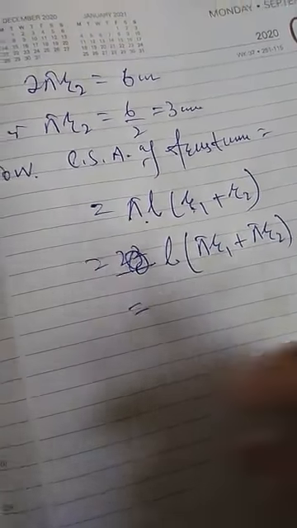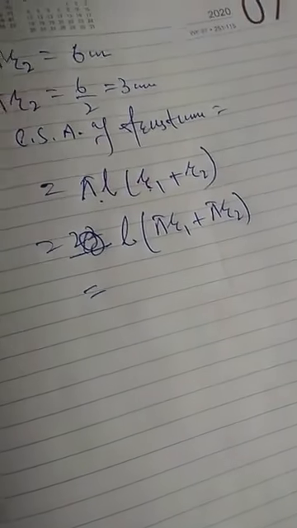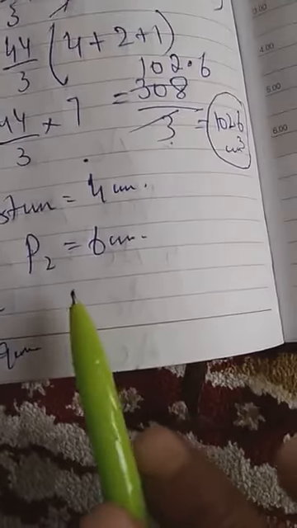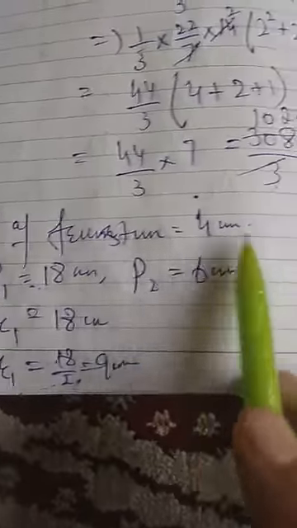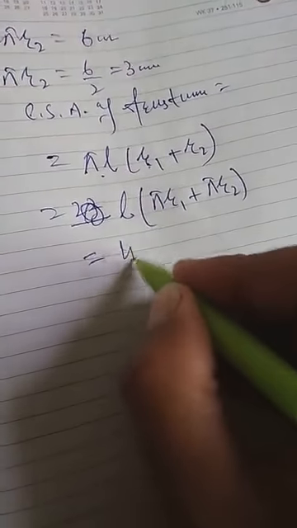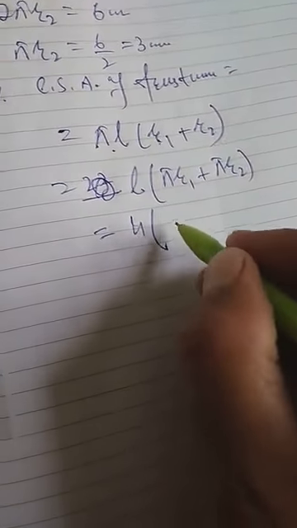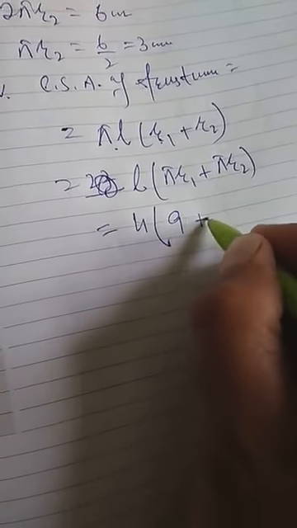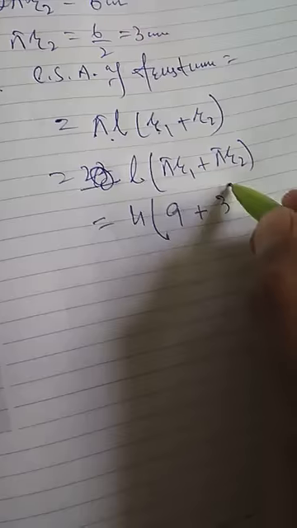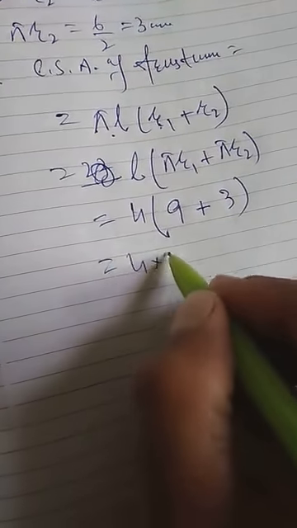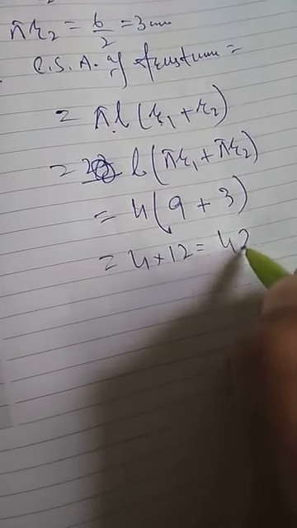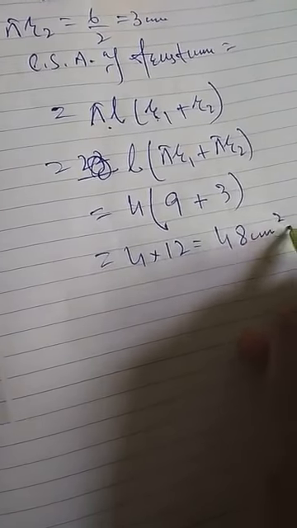L, slant height of this frustum, जो पहले ही हमने नोट करके रखा है, that is 4 centimeter. It is 4 into (pi R1, that is 9, plus pi R2, that is 3), that is 4 into 12. It is 48 square centimeters.